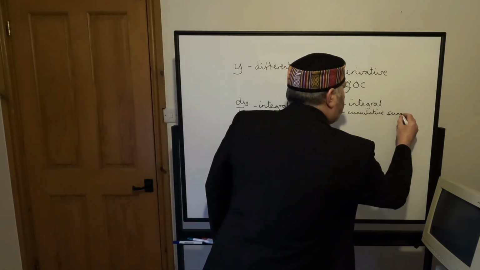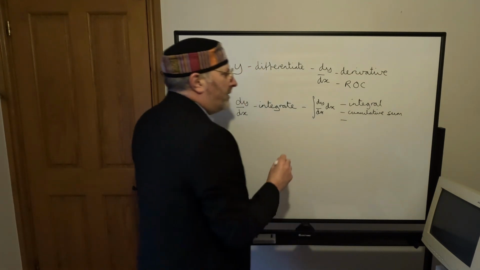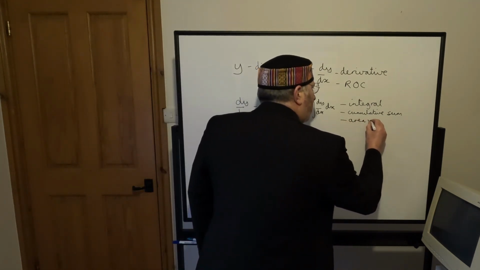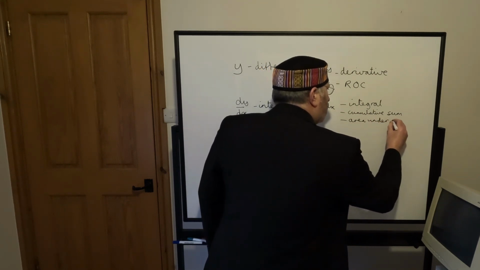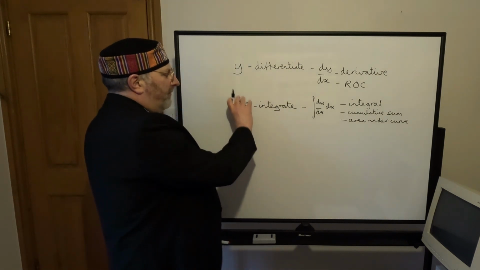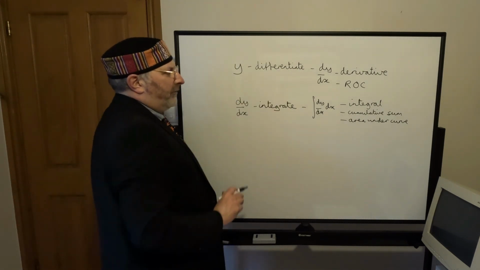It can also be thought of as the area under the curve, as we saw, the area under the curve of dy by dx against x.